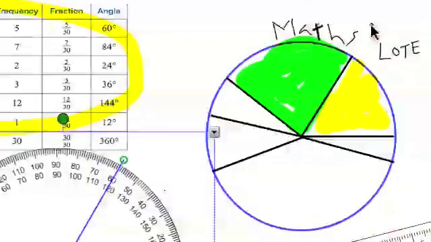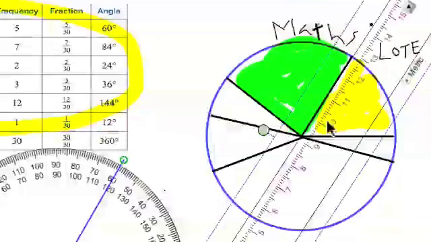I put a nice big fat dot outside the circle. And I line my ruler up along those 2 points, the fat point outside the circle and the center of the circle. And like I did with the baseline, I go from the center of the circle out to the edge of the circle.